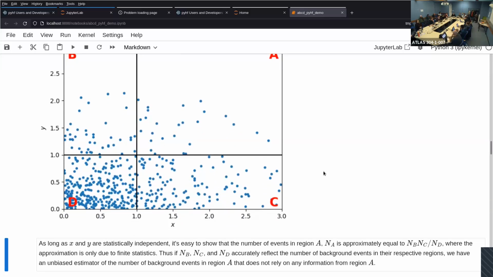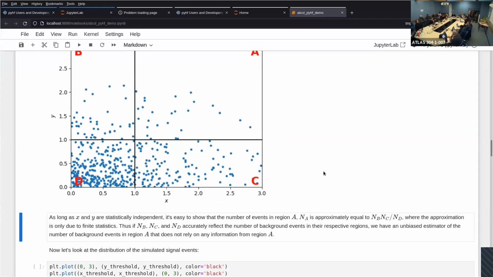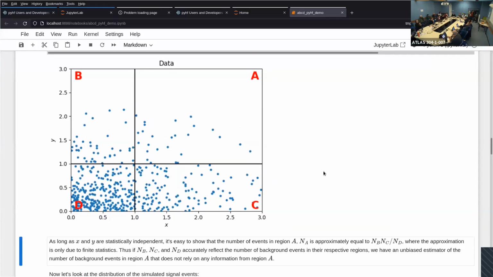And so as long as X and Y, these two axes, are statistically independent, you can easily show that the number of events in A is approximately equal to the number of events in B times the number of events in C divided by the number of events in D. And this is only an approximation because of finite statistics.